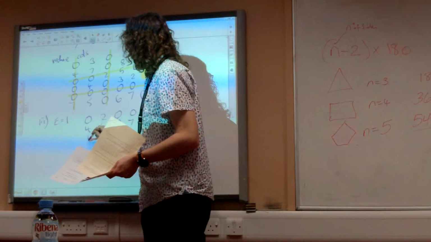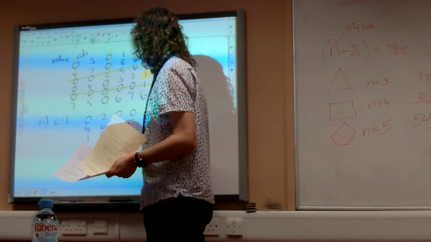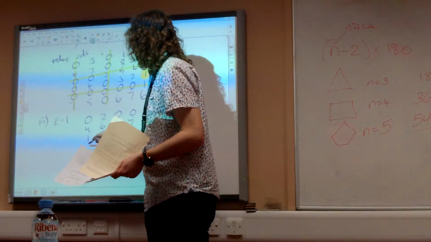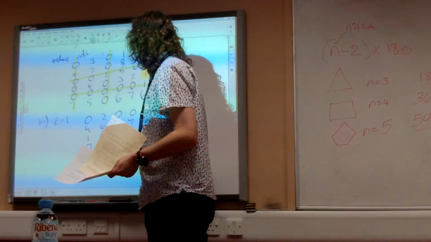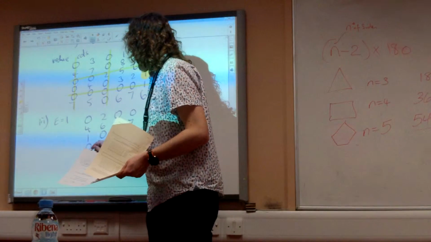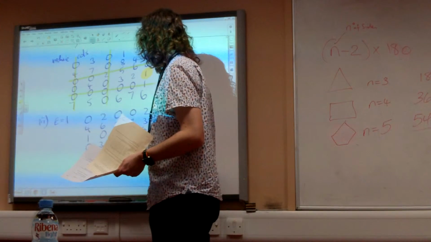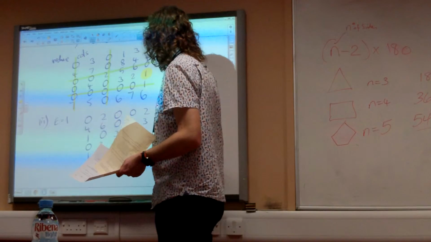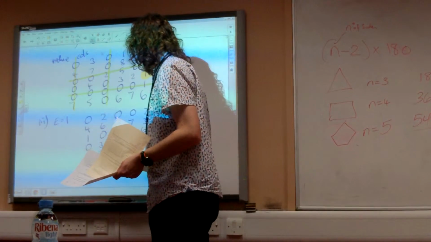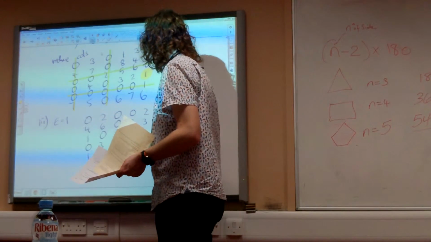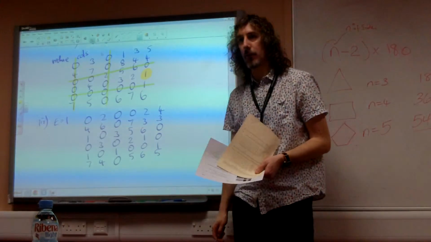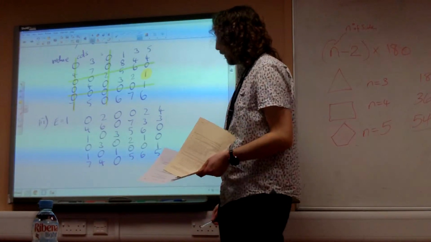That's covered twice, so that becomes a 1, 0, that becomes a 3, 5, 6, 0, 0, 3, 0, 2, 1, 0, 1, 0, 1, 0, 0, 1, then 7, 4, 0, 5, 6, 5. That's what it looks like after the first stage of augmenting.